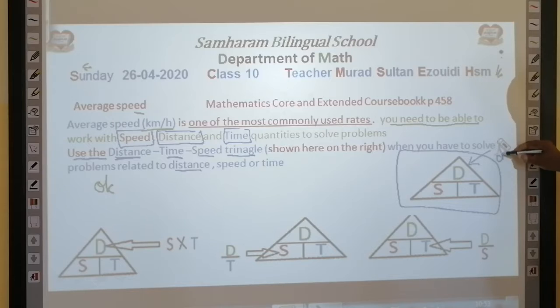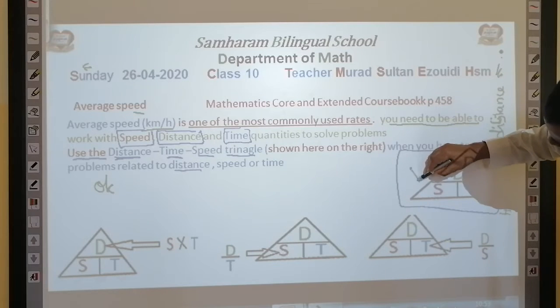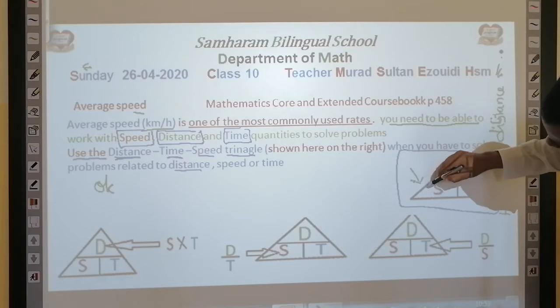This one is distance. And this one, my learners, is the time. And this one is average speed. I will just write speed.